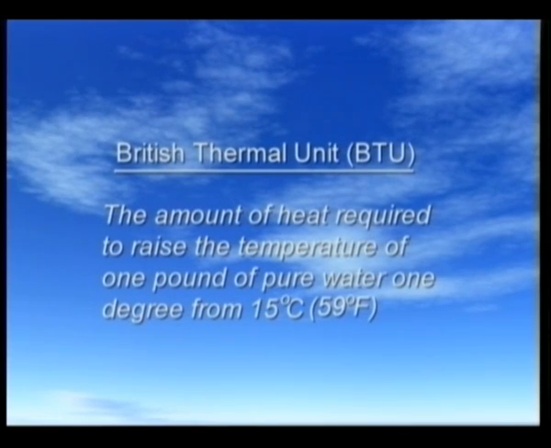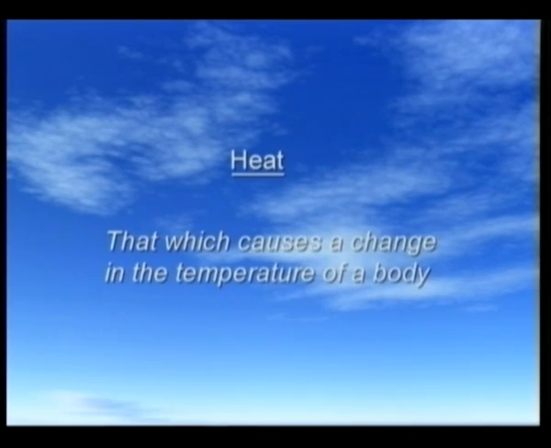The specific heat of water under these conditions is arbitrarily fixed at 1. All other substances are related to pure water through the values of specific heat found for each substance by experiment. We may then define heat as that which causes a change in the temperature of a body.